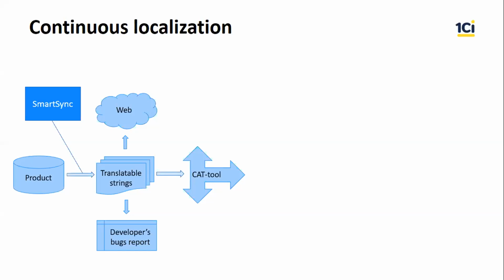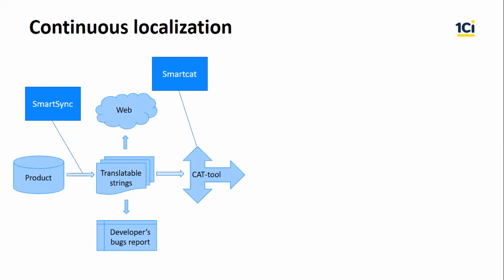It also has a number of checks to make sure the translation doesn't contain critical mistakes. Here, for example, SmartCAT can be used. The translation itself is fully done in the CAT system in most cases.